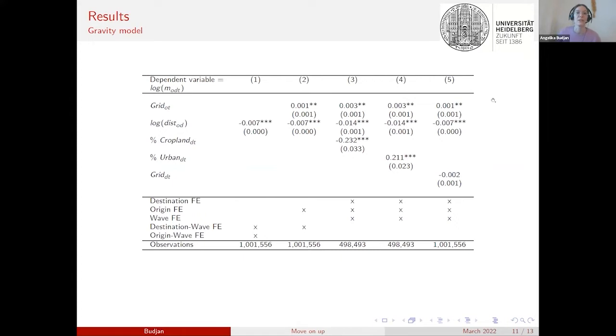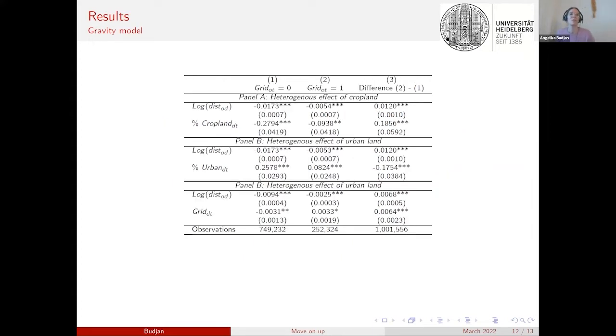And if you then split the sample by municipalities that have received a new grid in column 2 and that have not received a new grid in the last period in column 1, you see that also the covariates differ a bit. So the significance or the effect of log distance, which is usually a measure for migration costs, is lower for origins that have just received new grid.